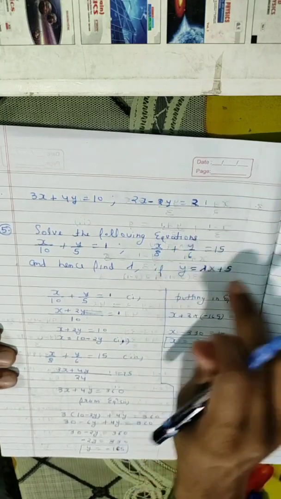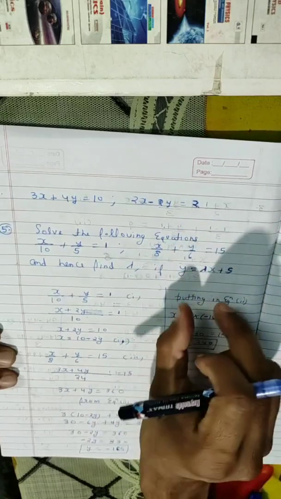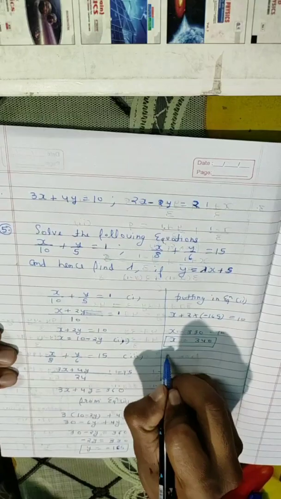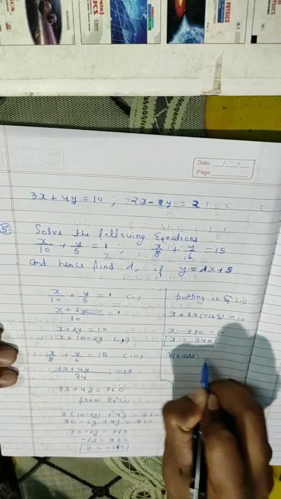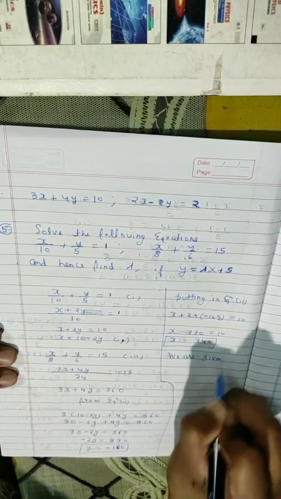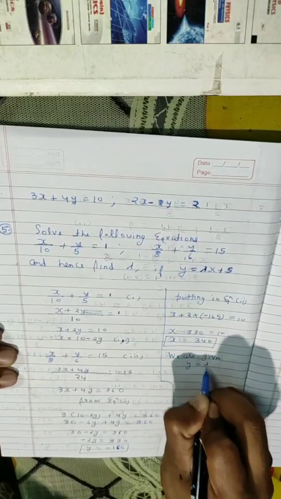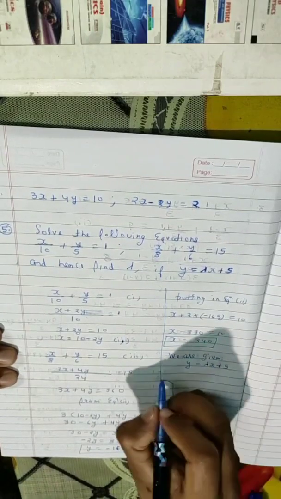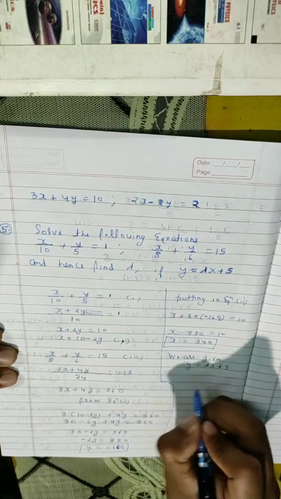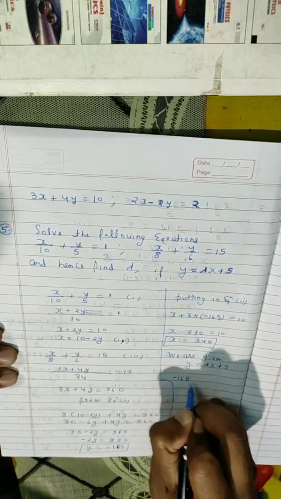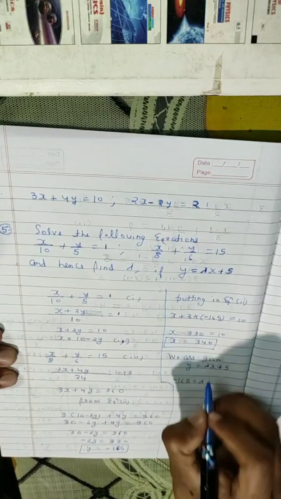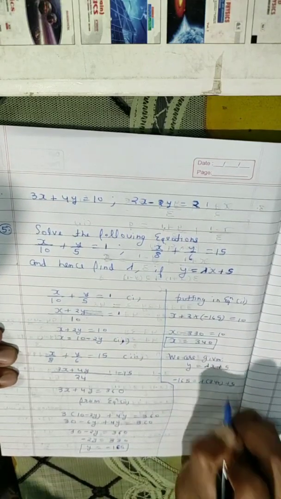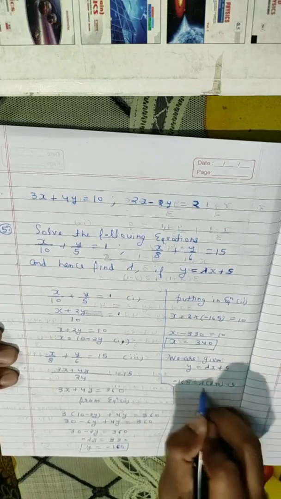Now we have to calculate lambda here, so just put these values here. We are given y is equals to lambda x plus 5. So the value of y is minus 165, lambda is our variable, the value of x is 340, and it is plus 5. Here we have to calculate lambda.